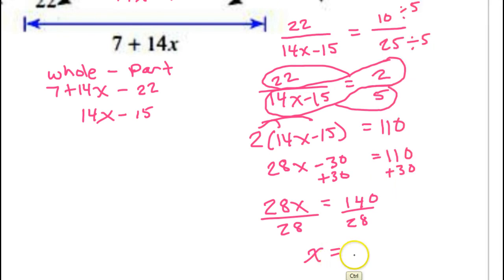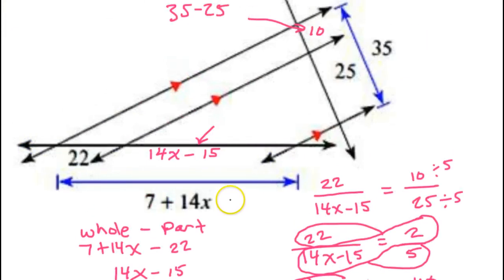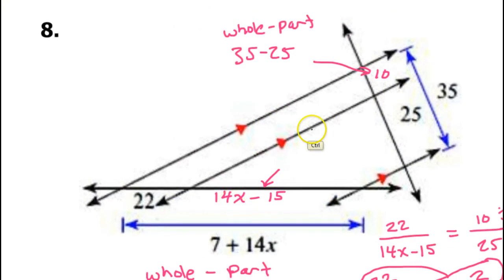Five. Okay, and I just feel like writing it up here, so I'm just going to have x equals 5. Kabam.